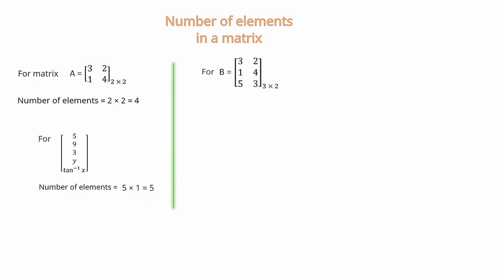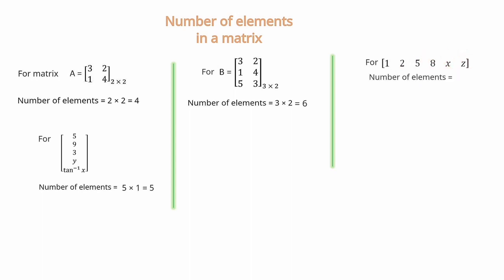Next, another matrix B is equal to matrix 3, 2, 1, 4, 5, 3. It has order 3 by 2, 3 rows and 2 columns. When we consider the number of elements, it is 3 into 2, which is equal to 6. Next, for another matrix 1, 2, 5, 8, x, z, it has only 1 row but 1, 2, 3, 4, 5, 6 columns.